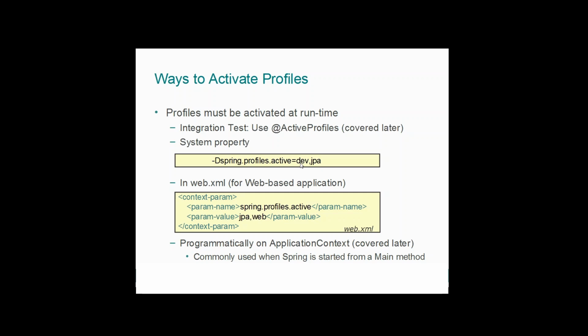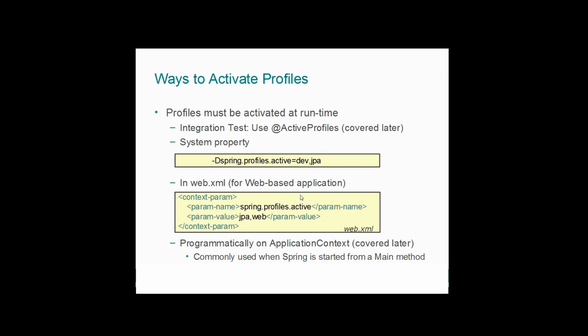So this is one way you can enable it in a standalone application, using the -D option from the JVM parameters. In unit testing or integration testing, I can use the @ActiveProfiles annotation, and within the brackets you provide the profile names, dev or QA or production.